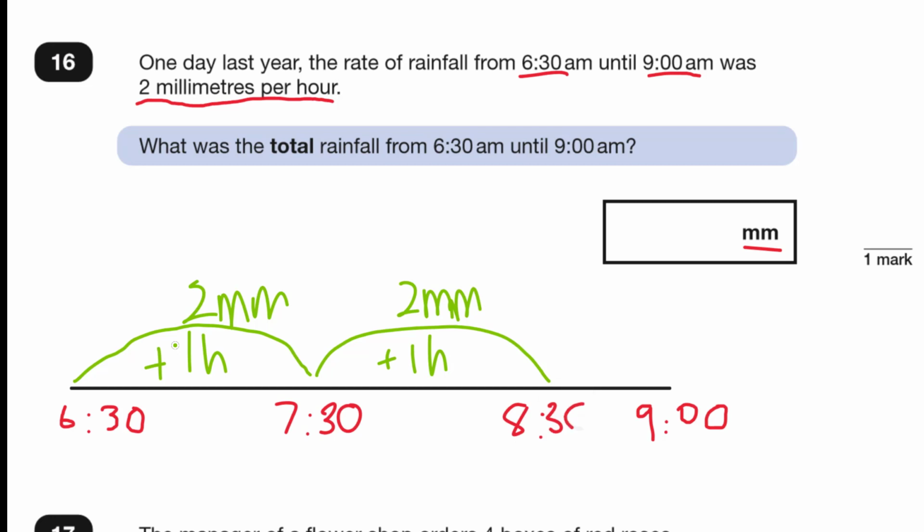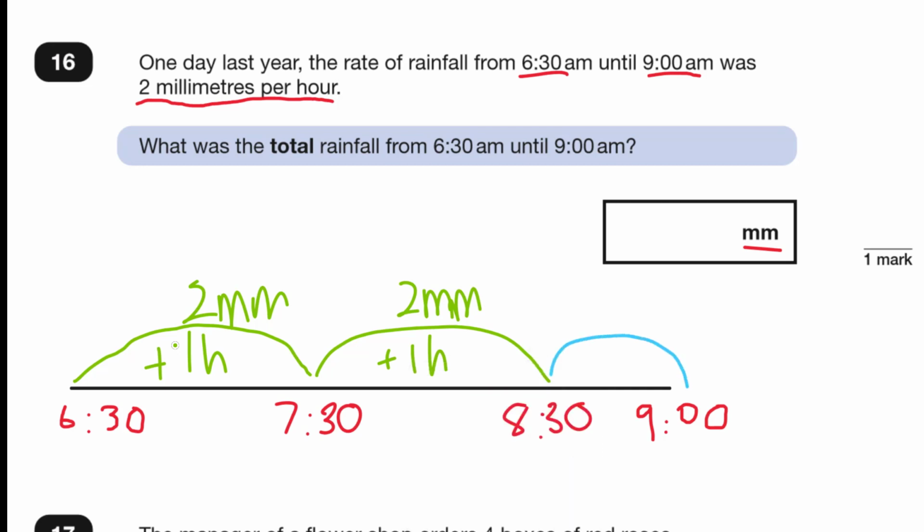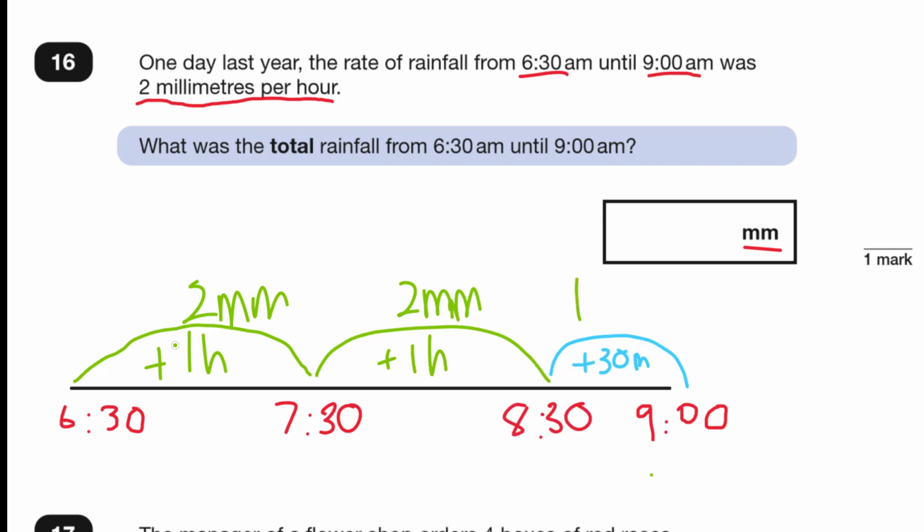So you can see here now that we actually have only a space of half an hour. We don't have an hour. So this is 30 minutes. If it's 2 millimeters an hour, what does that mean for the half an hour? Well, that just means it's half of that amount, so it's 1 millimeter.